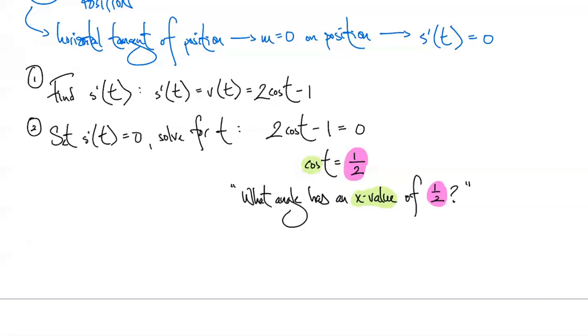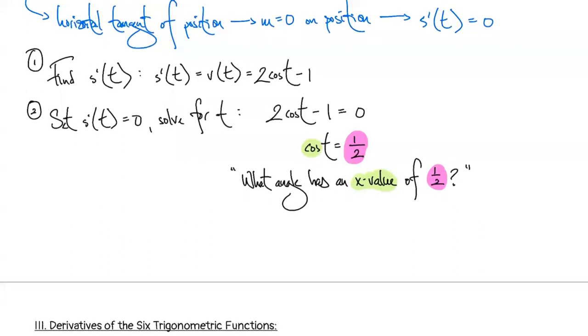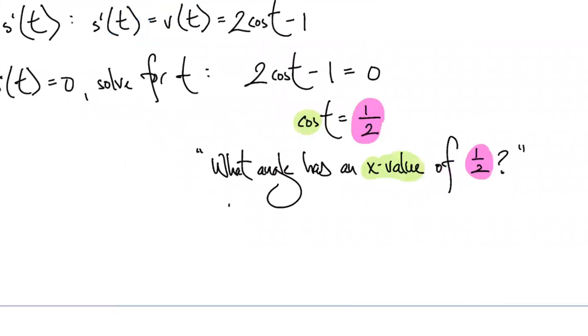If we translate those into radians, we get pi over 3 or 5 pi over 3. So we can say that t equals pi over 3 is one place where we have a cosine of 1/2, and separately, t equals 5 pi over 3 is another place that has an x value of 1/2.